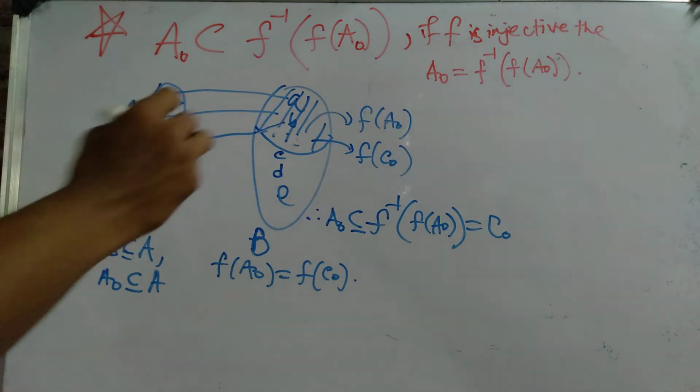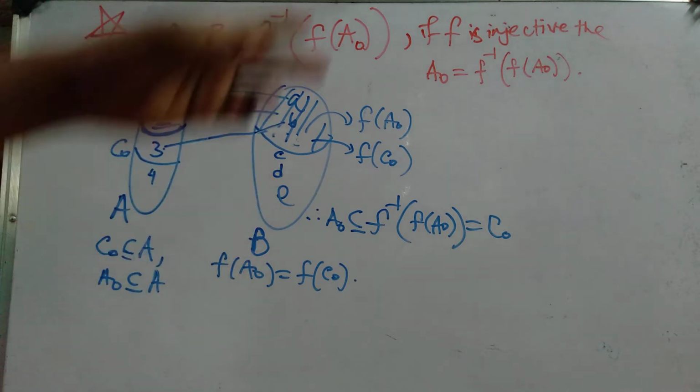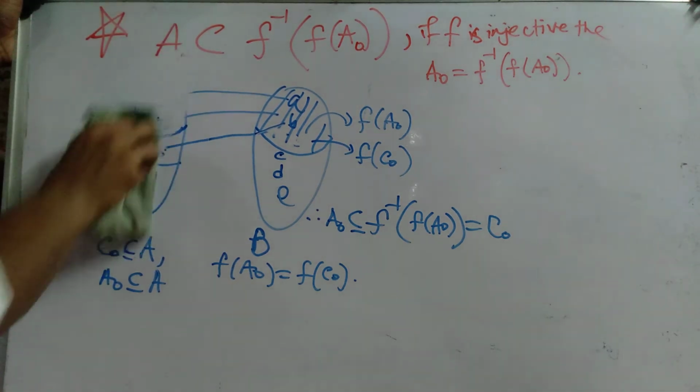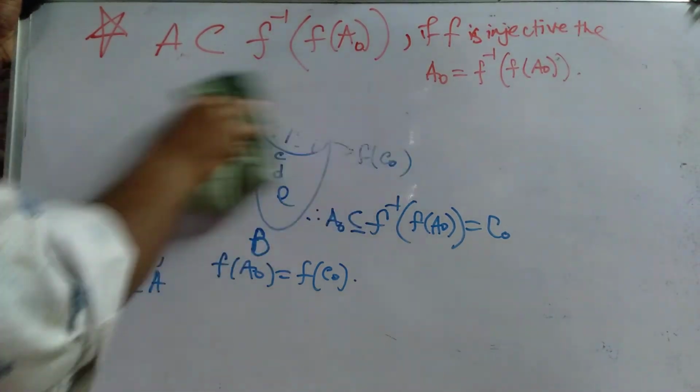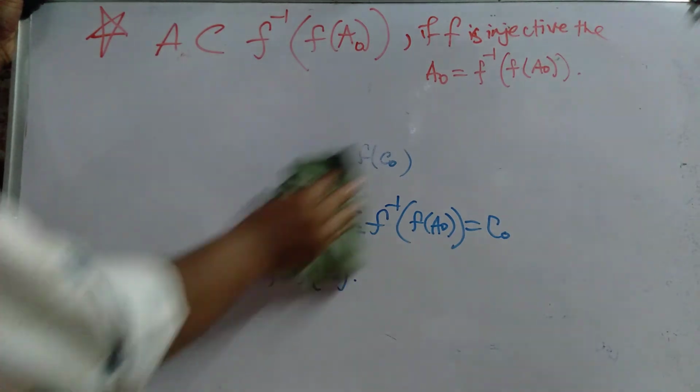Then f of C0 would have to equal f of A0, but this is not possible if f is injective. If f is injective, then this does not happen, and we get just A0 equal to f inverse of f of A0. Now we have given some examples we created here, but now let us talk about more interesting ways.